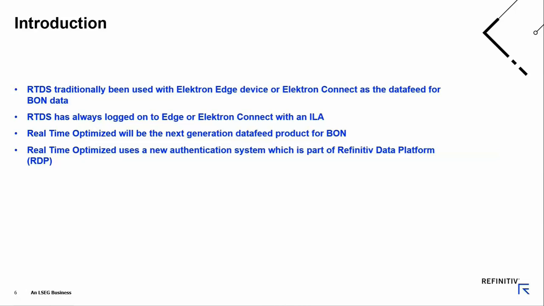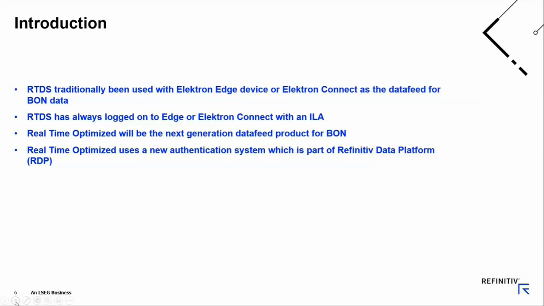So RTDS is Real-Time Distribution System, used to be called TREP, or used to be called RMDS, depending how old you are. Previously, this has been used alongside Electron Edge devices or Electron Connect as the data feed source for BON service. The BON service is Bandwidth Optimized Network.